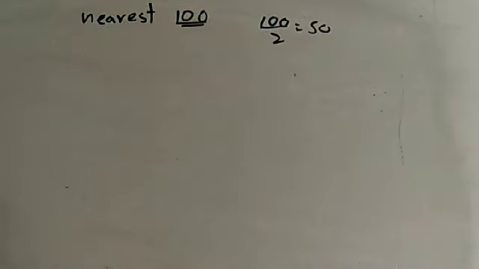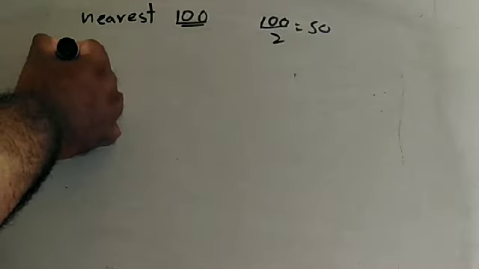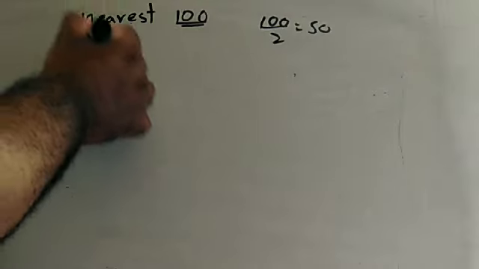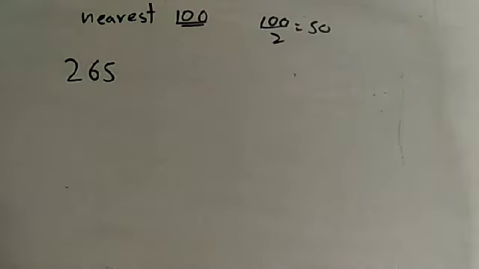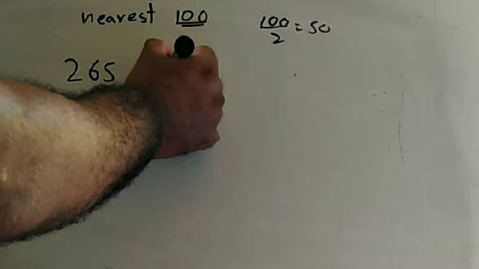Then round off 265 to nearest 100. Nearest 100 means the multiples of 100.